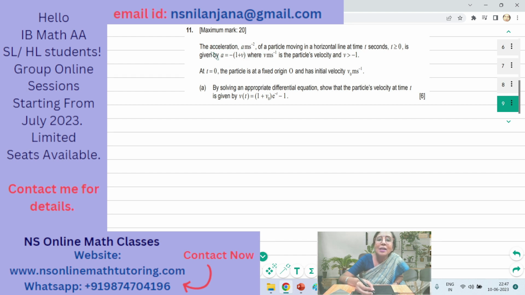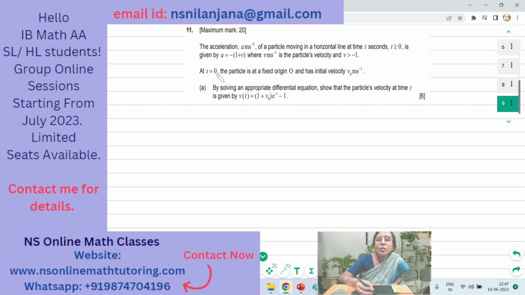The question says the acceleration a meter per second squared of a particle moving in a horizontal line at time t seconds, where t is greater than or equal to 0, is given by a equals negative of 1 plus v, where v meter per second is the particle's velocity and v is greater than negative 1.